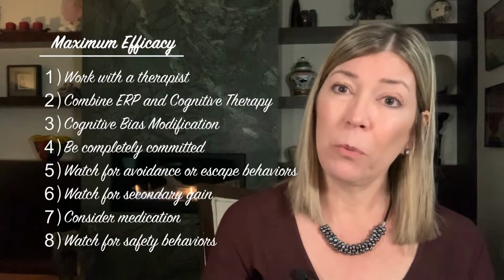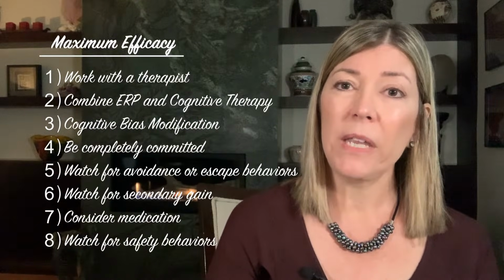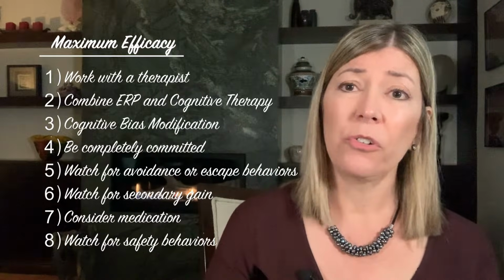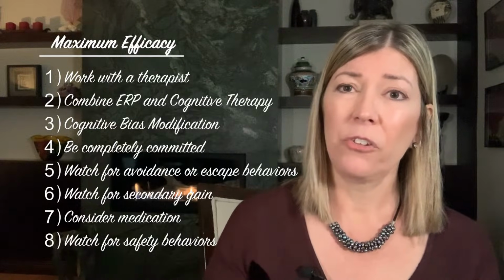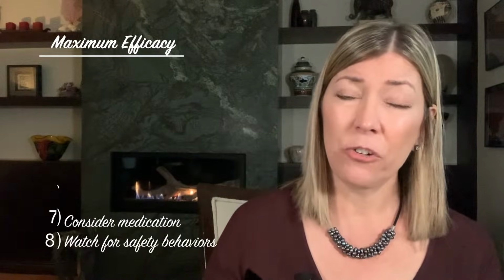I want to say one more word about upping the ante. When we're doing an exposure, we have to keep a very anxious brain. Exposures do not work if we are doing something to cause ourselves to be less anxious. Going back to that doorknob example, if the person just touches like this, that might be okay for the very first exposure, but they have to up the ante. They have to really touch it.